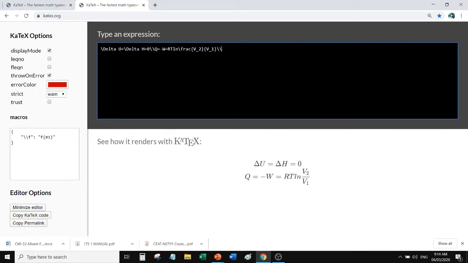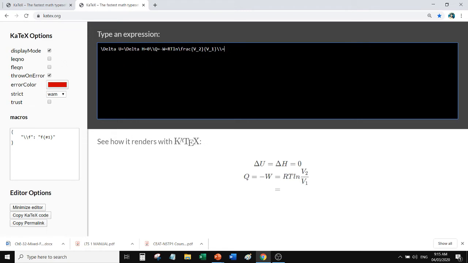But remember that PV equal to nRT, and if the volume is expressed as molar volume, it's actually PV equal to RT. So in the equation here, we can substitute PV.